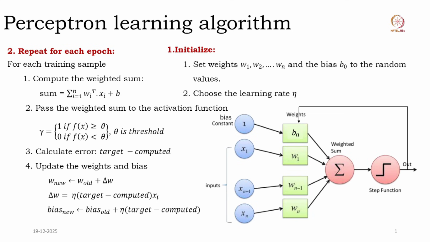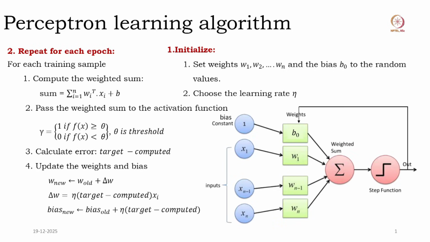If you have 5 inputs, there will be 5 weights associated with them. So the first step is you need to set the weights, and then you should also set a bias, and these are randomly initialized. There is also something called a learning rate, eta. We are also choosing one random value, which is the learning rate. Let us see what is the role of this.